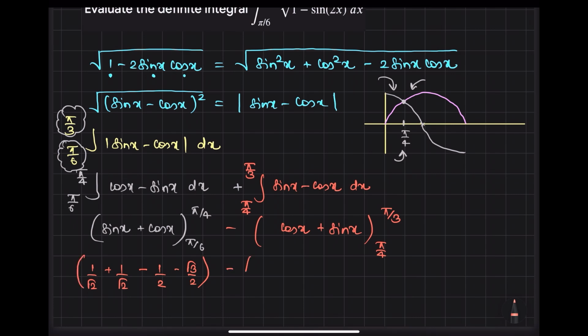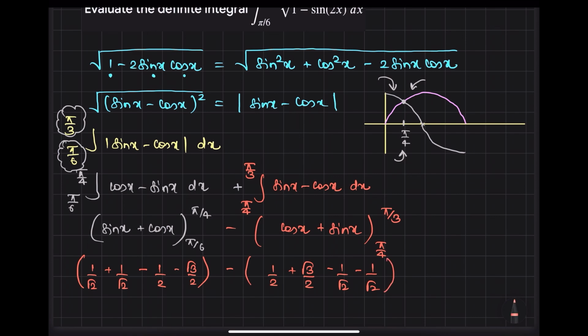Now if you substitute the upper limit, 60 degree, cos 60 is 1 by 2 plus root 3 by 2. Now 45: minus of 1 by root 2 minus of 1 by root 2, upper limit minus lower limit. I hope till this part you guys are okay.